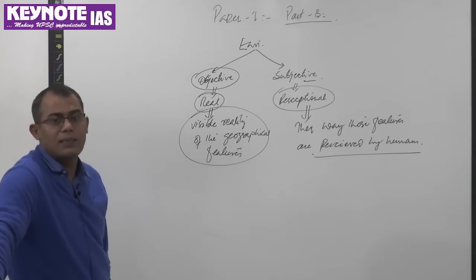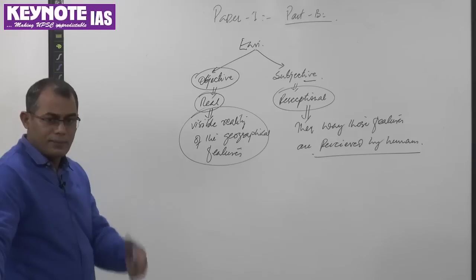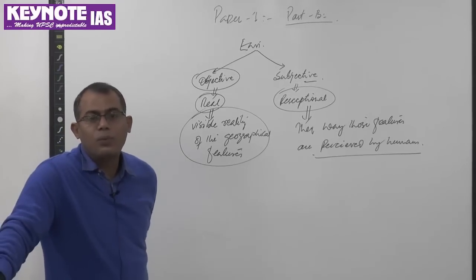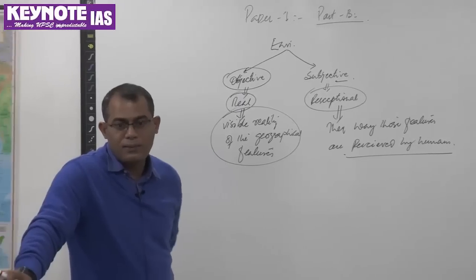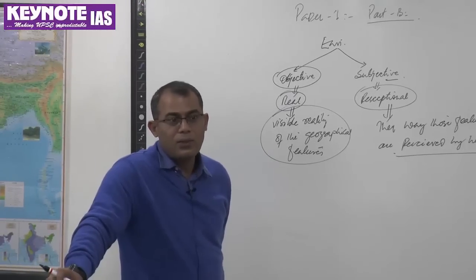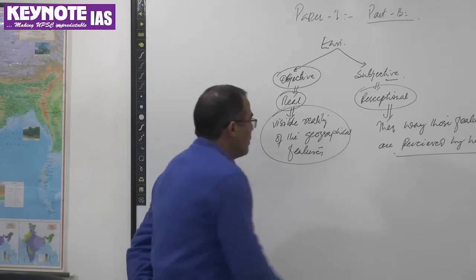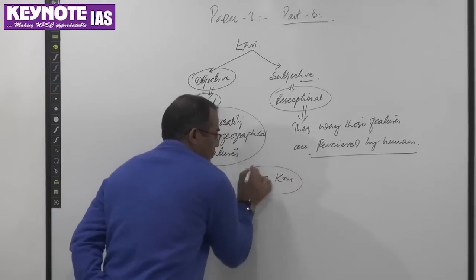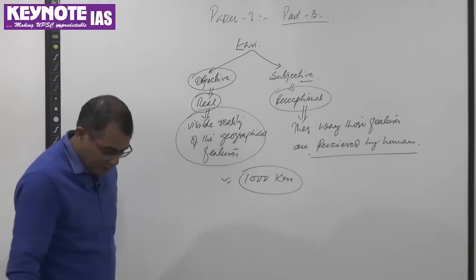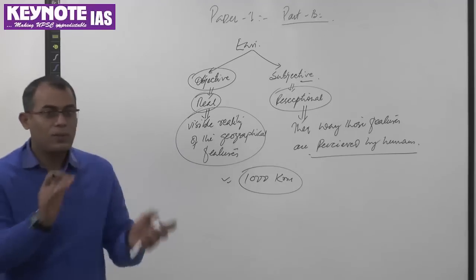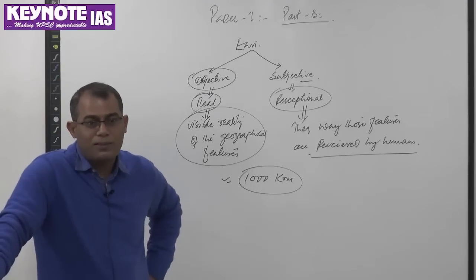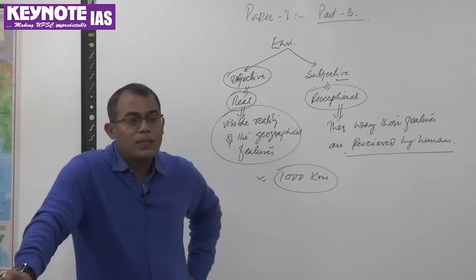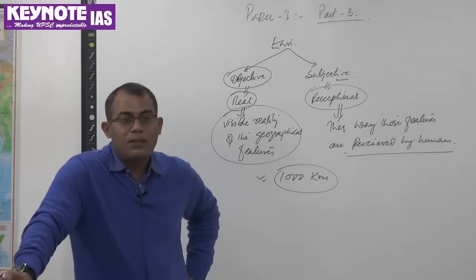Real environment. Let's say suppose the distance. Distance is a reality. Physical distance between two places is a reality, right? So let's say suppose a distance of 1000 kilometers. Now there is a very interesting part of how geography is different from that. What is the nearest distance between 2 points in science?